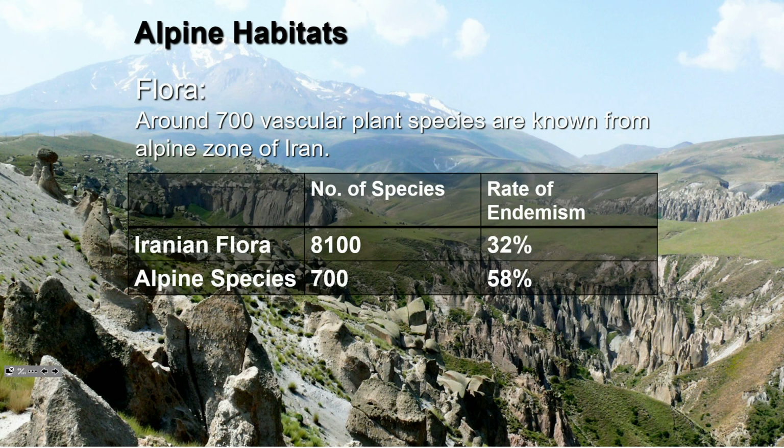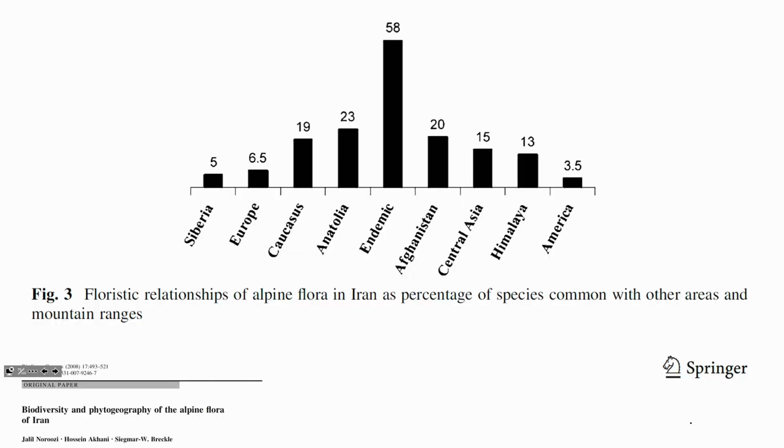And the reason is somewhat clear, because alpine habitats are at higher elevation, isolated, and in isolated situations the rate of endemism is higher. And look at the floristic connection of the alpine habitats of Iran with other mountain ranges. We analyzed this; it was my first paper, 2008.